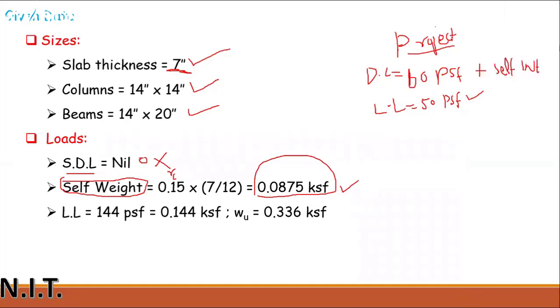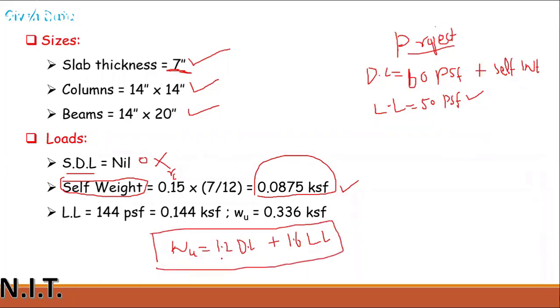Okay, let's continue. How to calculate the WU? WU is equal to 1.2 dead load plus 1.6 live load.